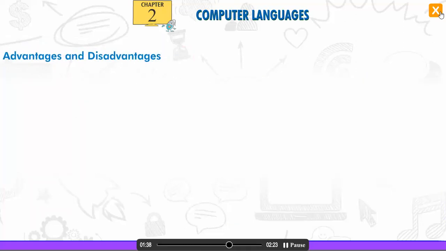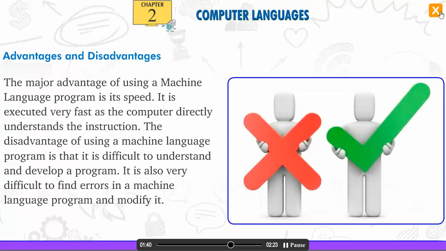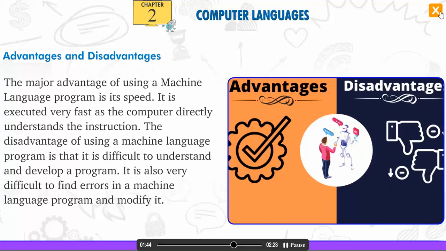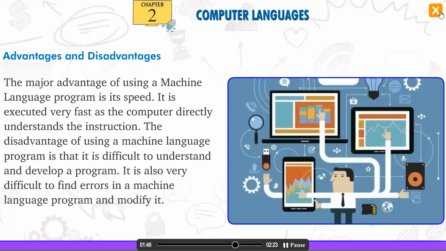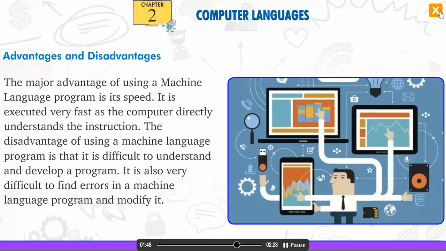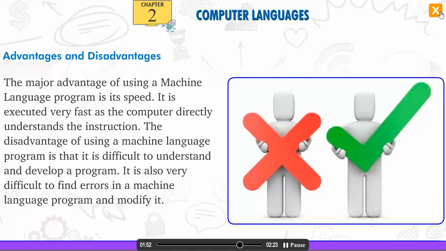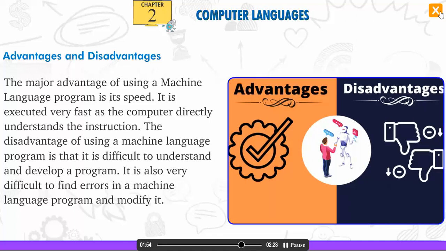Advantages and disadvantages. The major advantage of using a machine language program is its speed. It is executed very fast as the computer directly understands the instructions.